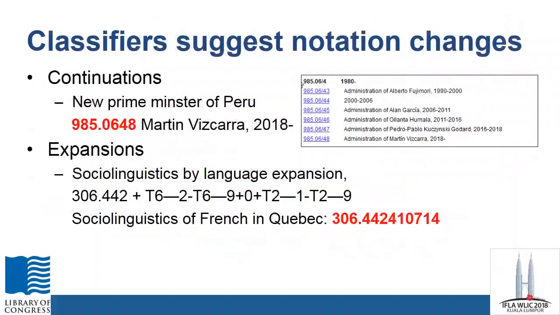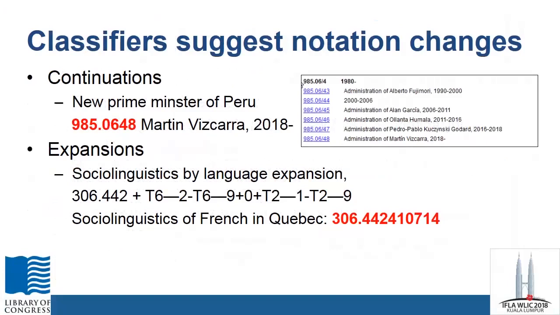And the classifiers are suggesting notation changes. So for instance, Alex talked about the ones on torture. It was one of my classifiers who said, I'm seeing this is not working out. There has to be some better notation, better notes for this. He in particular is always giving Winton news about, oh, did you know that such and such just came out and the administration in Peru changed, or the administration in Kuala Lumpur or Malaysia changed.